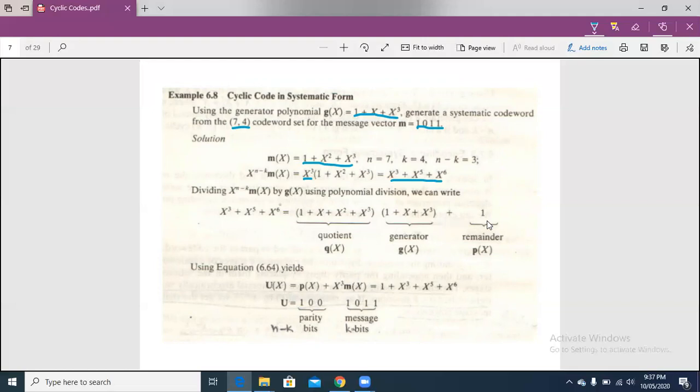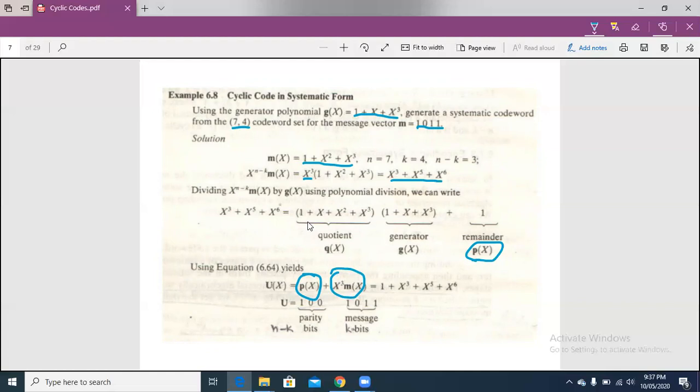So what does this mean? It means that first we will add the parity p of x. First we will add the n minus k parity bits, and then we will add the n minus k shifted version of the message into it.